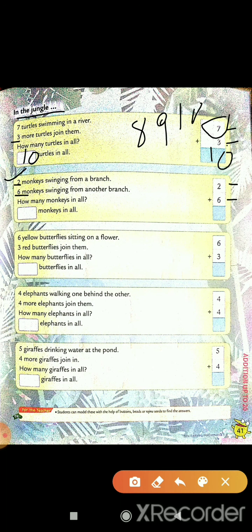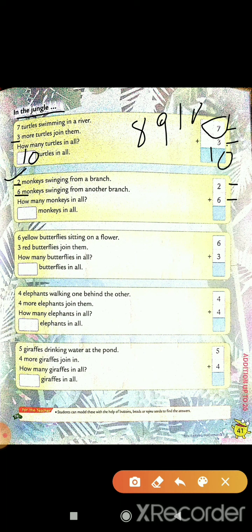So to find out total number of monkeys, you need to add them. You can also add them with the help of number combinations which we have learned in the earlier part, or you can also add it with counting forward method.